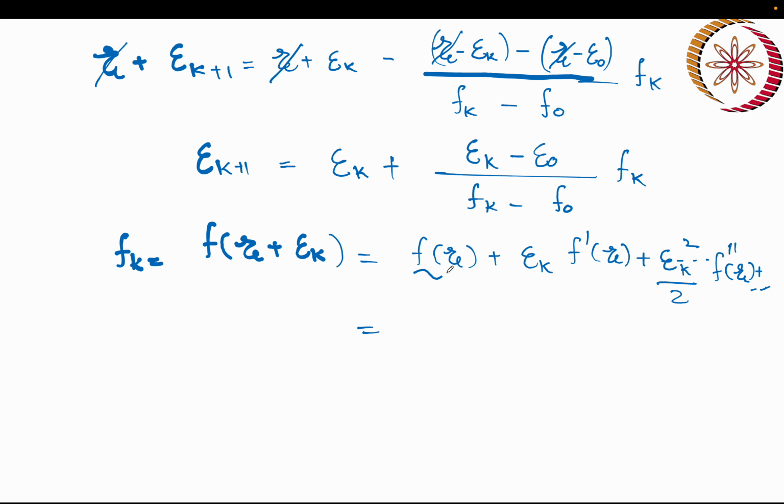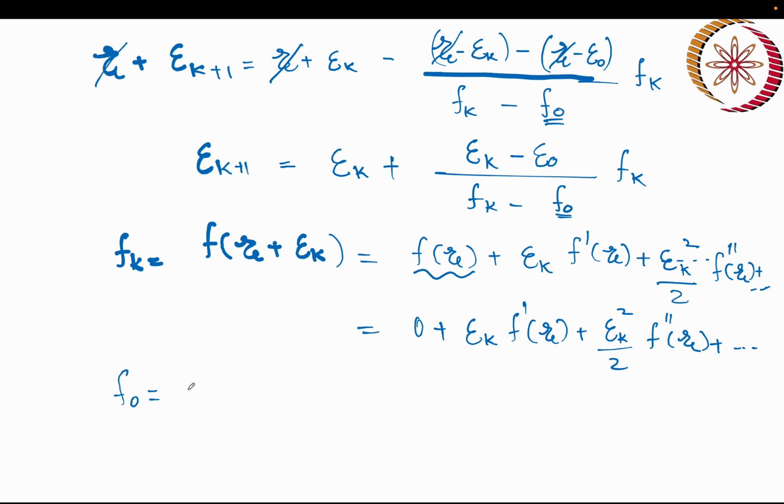Okay, so we know that xi is the root, so f of xi will be 0, then epsilon k f dash of xi plus epsilon k square by 2 f double dash of xi. Okay, so this is fk and f0 is anyway constant, so we will not bother much about this. So f0, let's say some constant, we'll say beta.